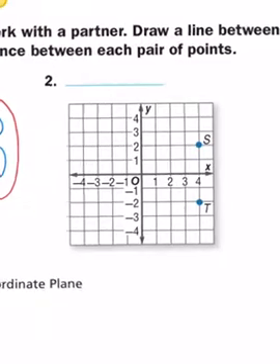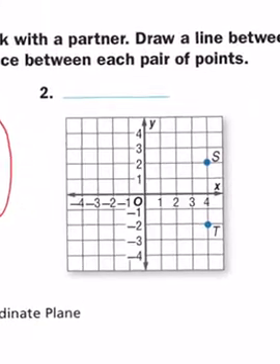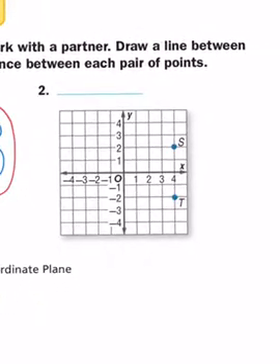Now, let's go over to problem 2. In problem 2, notice S and T are in different quadrants. So we're going to write down their coordinates. Point S is at 4, positive 2. Point T is at 4, negative 2. Okay. Now, because they're in different quadrants, we add the absolute value of the coordinates that are different.